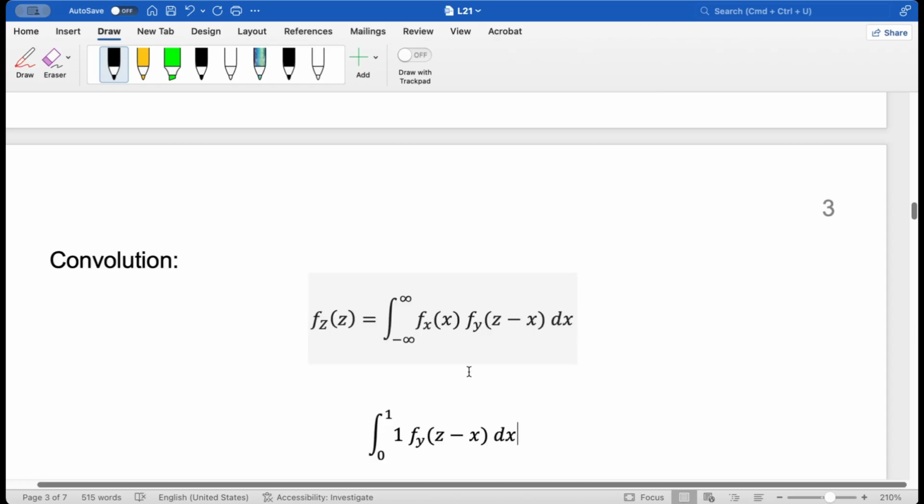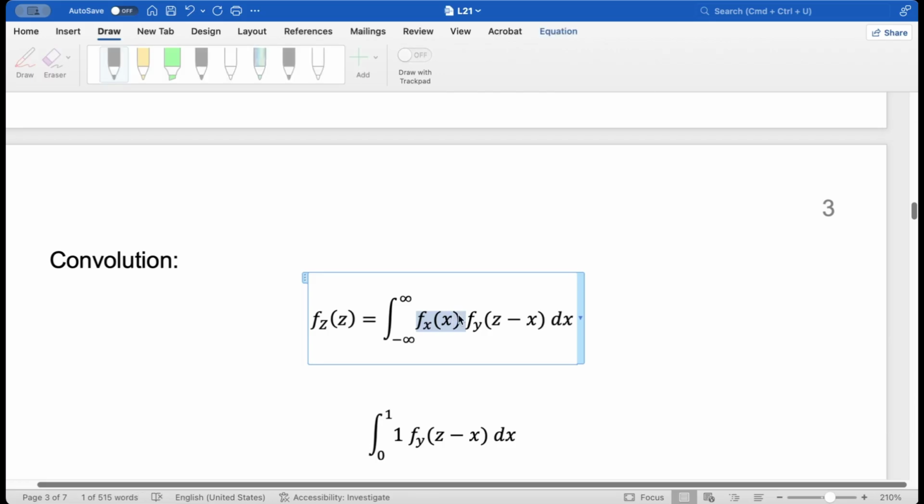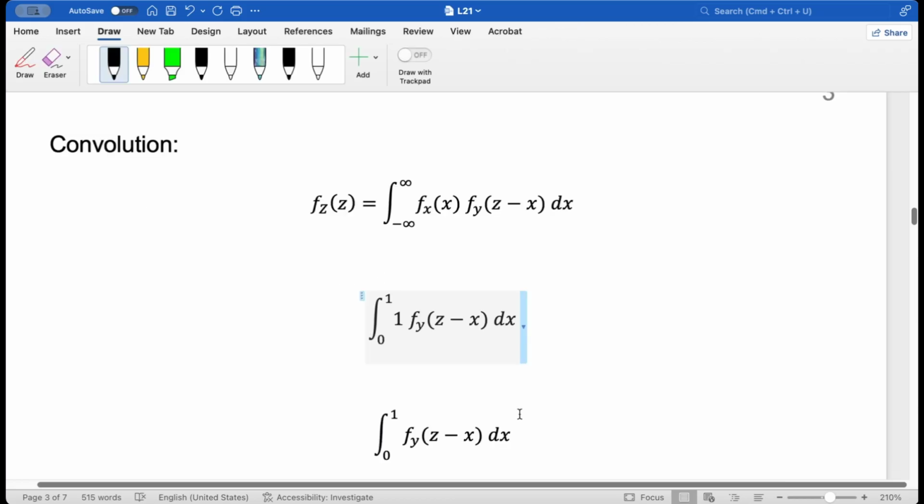Now this gets a little bit tricky. The density of x, this first expression here, is going to be 0 unless x is between 0 and 1, and then the value is 1. The second part is a little bit trickier. The density is only ever 0 or 1.